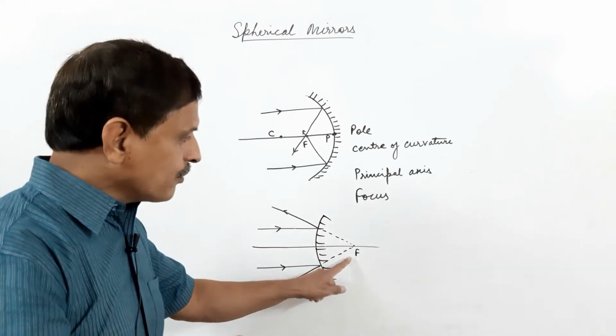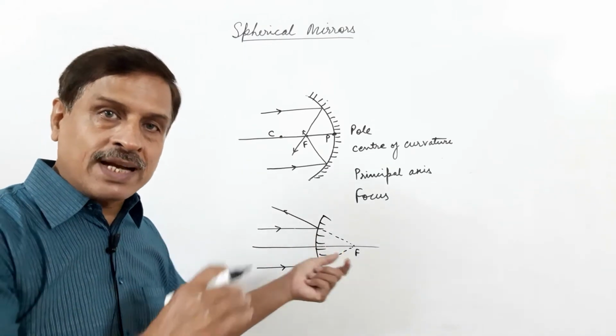This point is the focus of the convex mirror. It is a virtual point as it is behind the mirror.